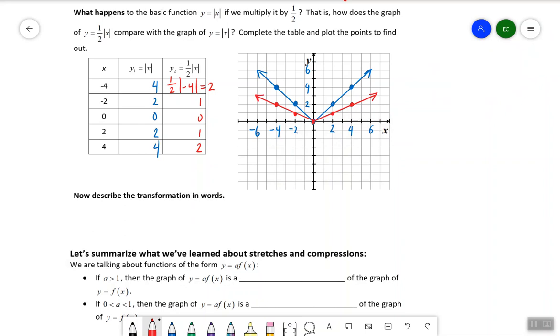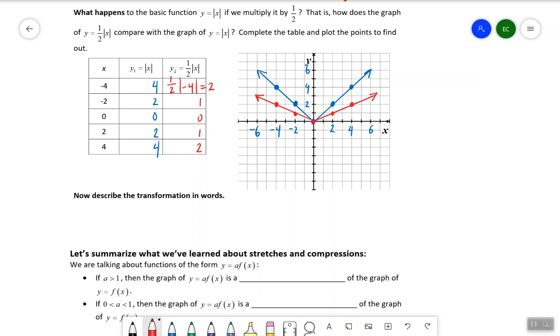Now, if we look at this transformation in the vertical direction, we see that the points on the blue graph, on the basic function, are getting squeezed down, are getting pushed down toward the x-axis. So they're getting compressed toward that x-axis. And of course, the point that's on the x-axis, again, doesn't change.